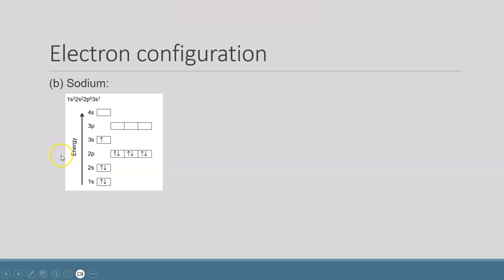Sodium, well, we can see that its first energy level is full and its second energy level is full. So sodium has 2 core electrons in n equals 1, 8 core electrons in n equals 2, and then 1 valence electron in n equals 3.